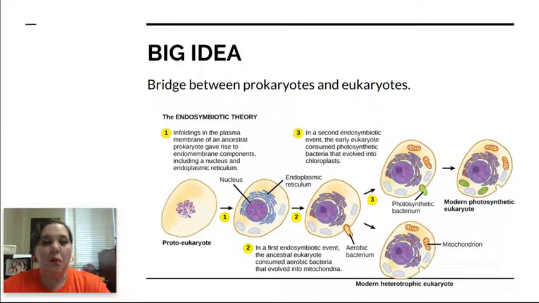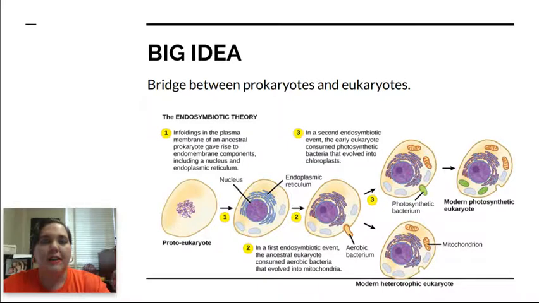Then this prokaryote ingested an aerobic bacteria that eventually became a mitochondria. And then they ingested a photosynthetic bacteria that became a chloroplast. And so that's what we think of as our modern eukaryotes.